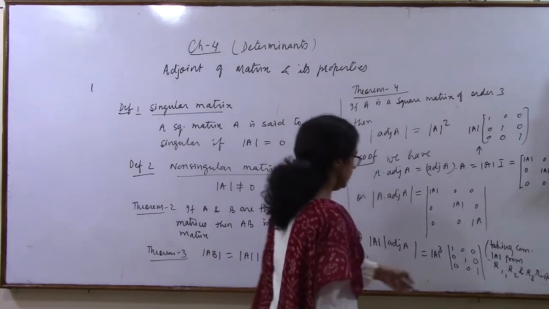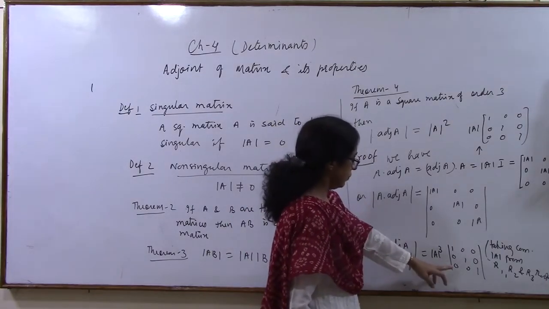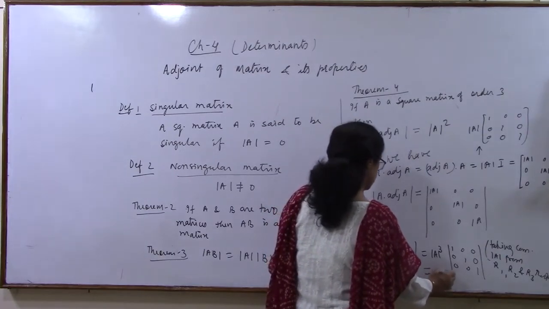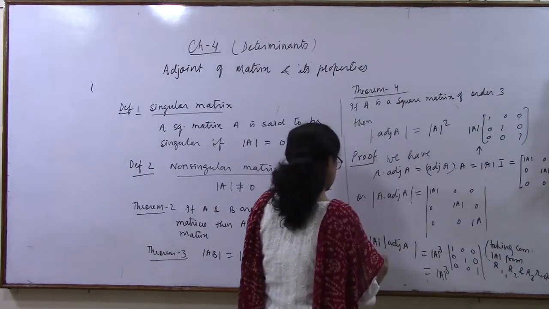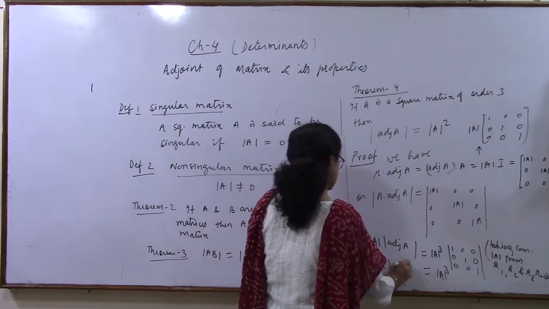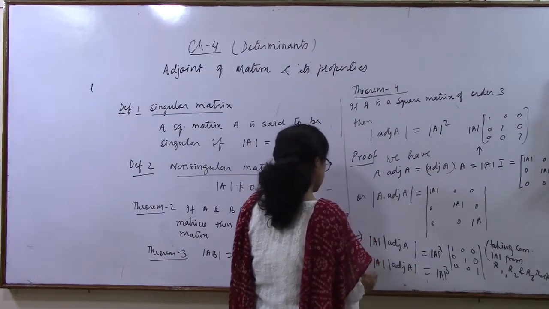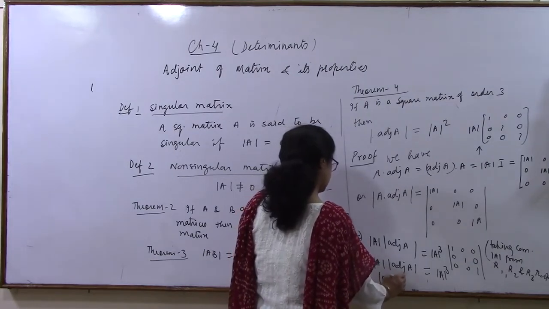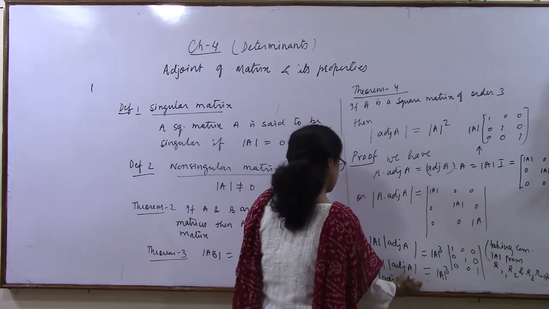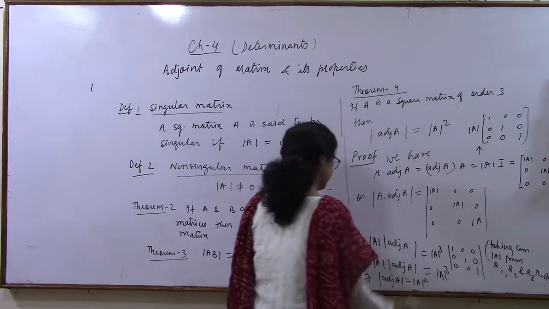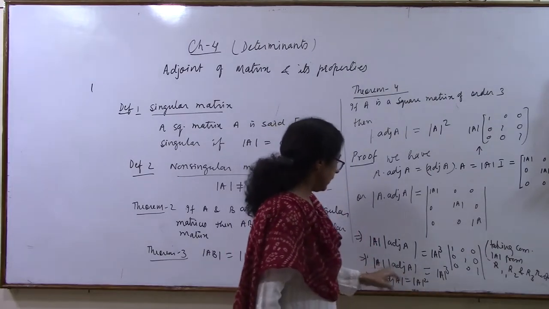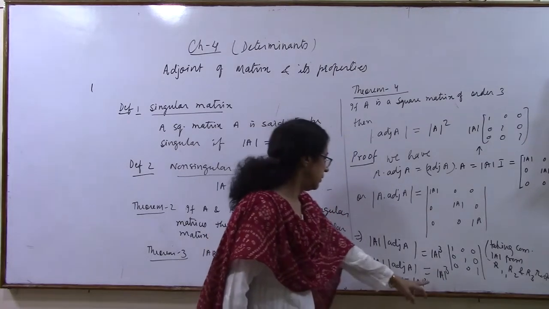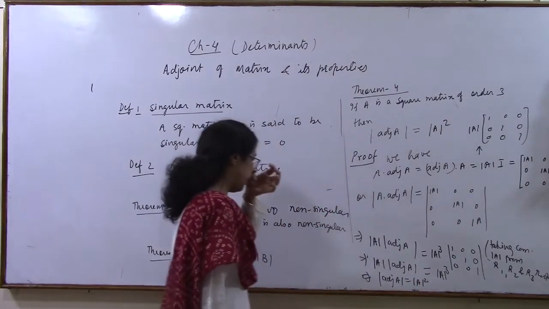Now the value of the determinant of the unit matrix is 1, so it is equal to simply A Q on determinant A adjoint A equal to this. Then we have adjoint A equal to determinant A square. Determinant A cube, one will cancel, then we get only determinant A square. This is the important result.